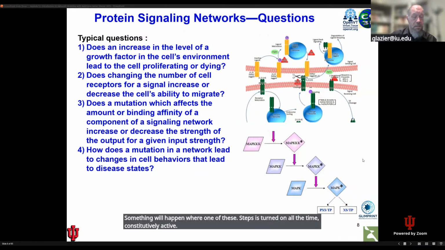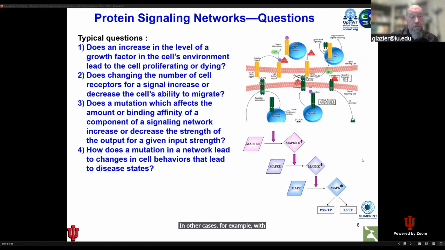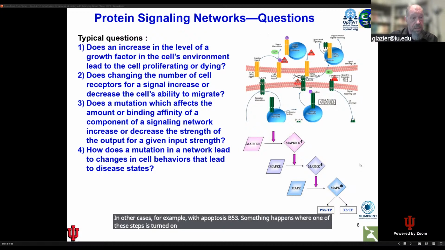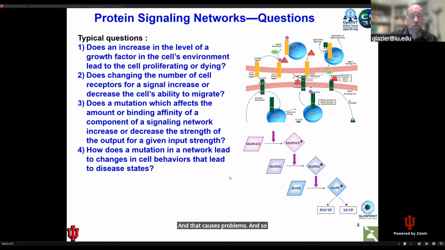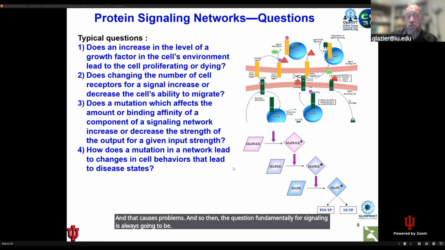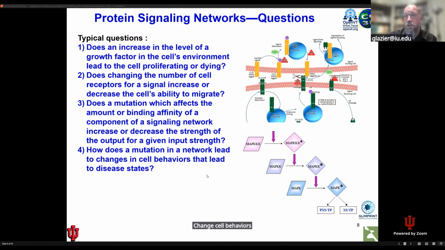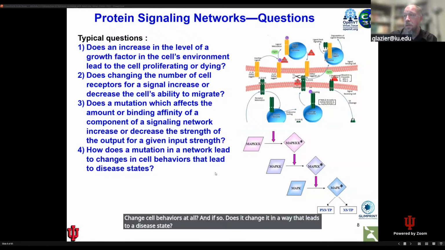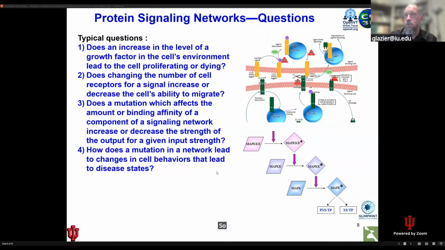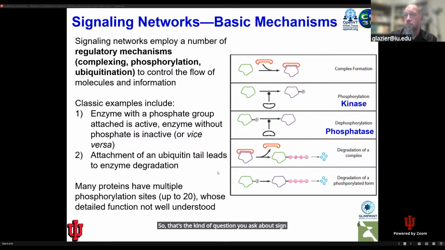In other cases, for example, with apoptosis, P53, something happens where one of these steps is turned off all the time, and that causes problems. And so then the question fundamentally for signaling is always going to be, does a change or mutation in that network change cell behaviors at all? And if so, does it change it in a way that leads to a disease state? So that's the kind of question you ask about signaling.